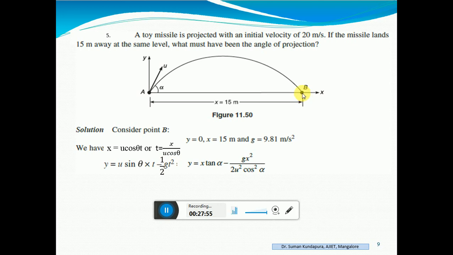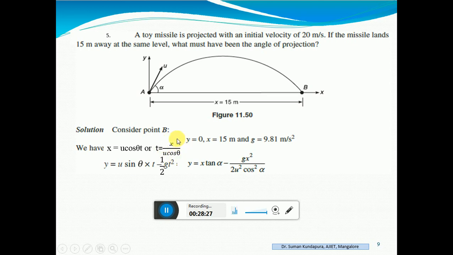We will take this point as a reference and then find out the angle alpha. y = u sin theta into t minus half g t square. Here it is minus, because it is moving against the acceleration, so it is minus 9.81. We also have t is equal to x divided by u cos theta.